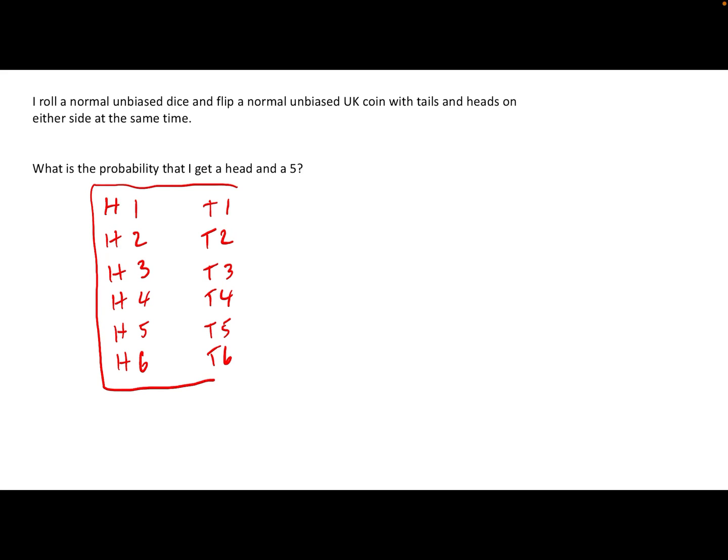So you can flip a head and a 1, a head and a 2, a head and a 3, a head and a 4, a head and a 5, a head and a 6, or a tail and a 1, a tail and a 2, a tail and a 3, a tail and a 4, a tail and a 5, a tail and a 6. So this is my sample space diagram, because it lists out everything that could possibly happen.